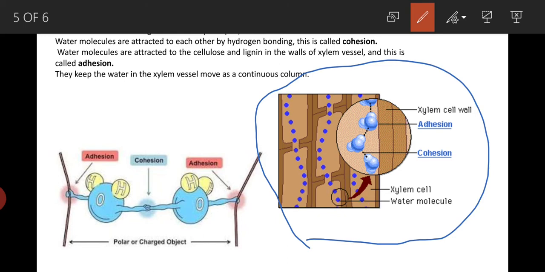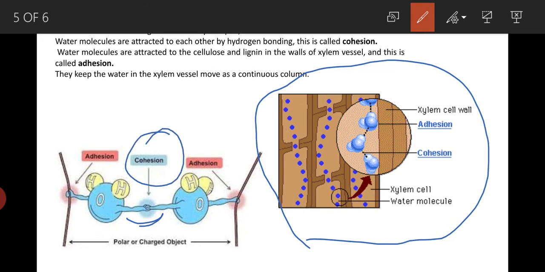This movement is helped by the fact that water molecules are attracted to each other by hydrogen bonding, and this attraction is called cohesion.